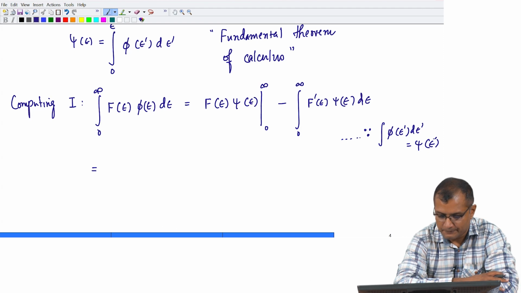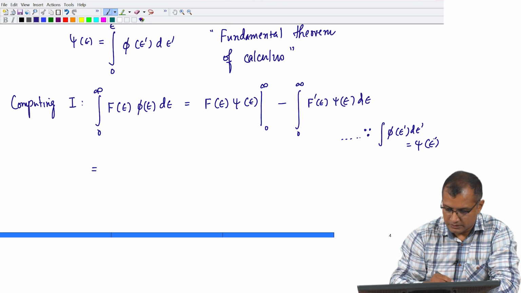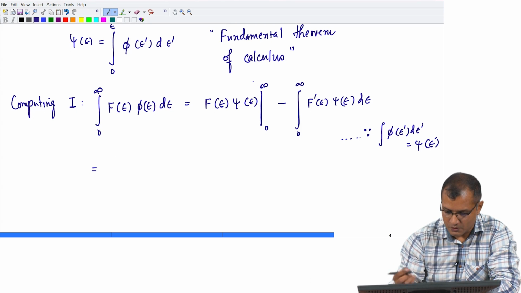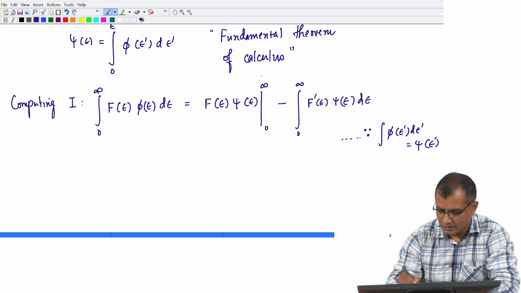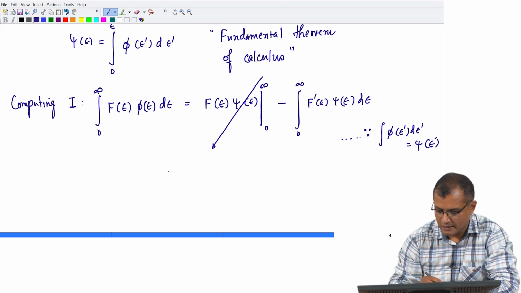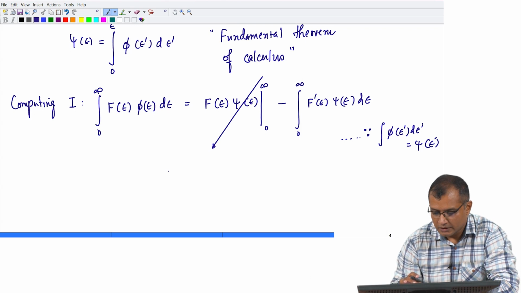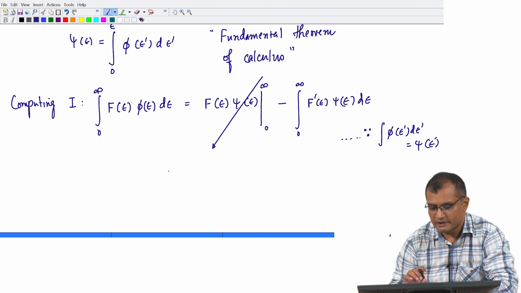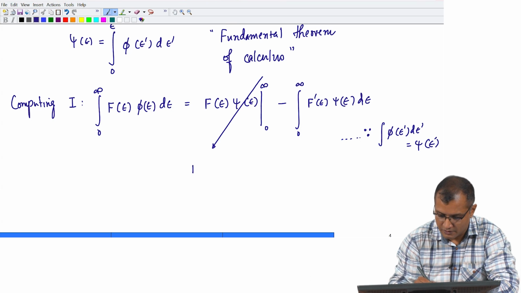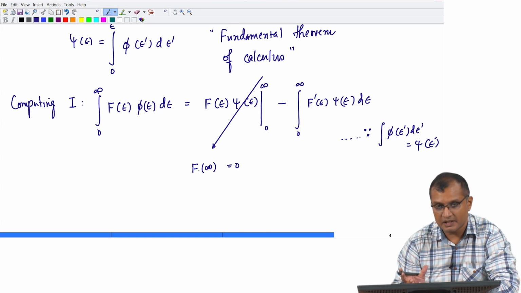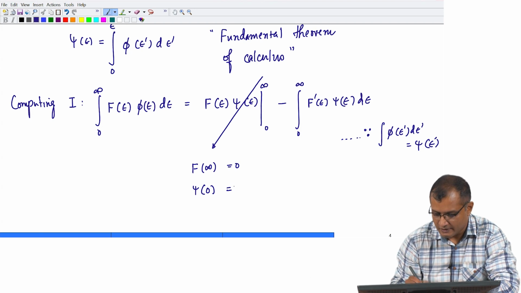So, that is what I have done, and you can see that the first term here goes to 0, simply because at infinity we do not know what is going on with the function psi, but I know for sure that my Fermi function is 0 at infinity. So, this is 0 at infinity, and at 0 the Fermi function is finite, but psi of 0 is 0.